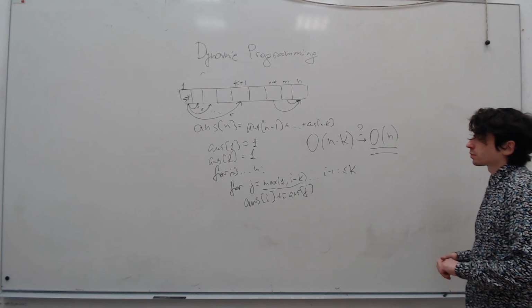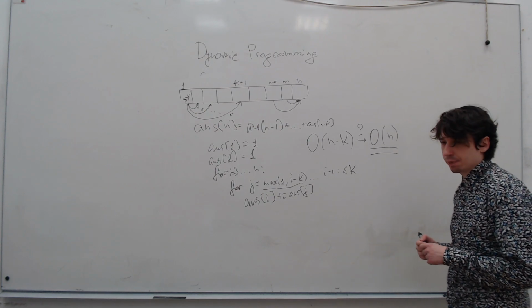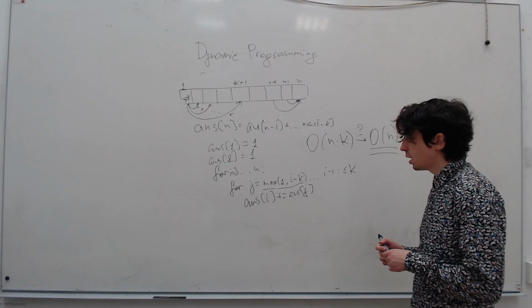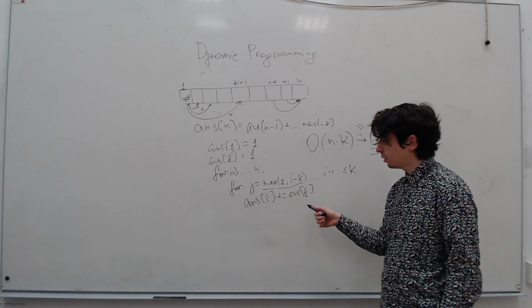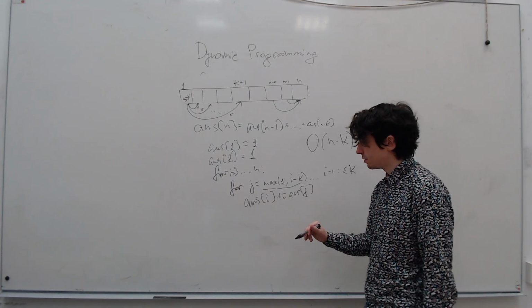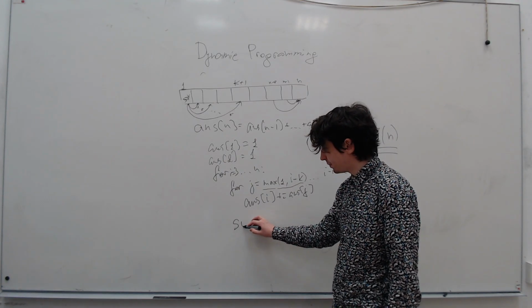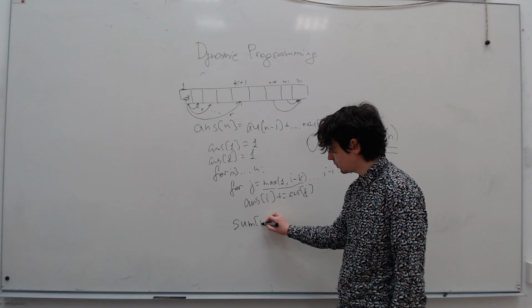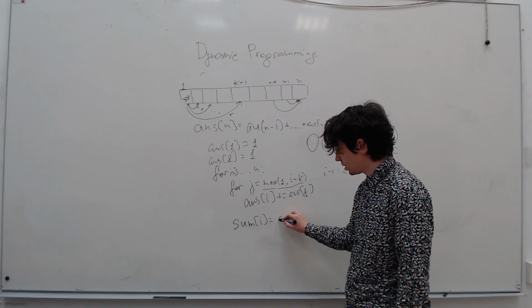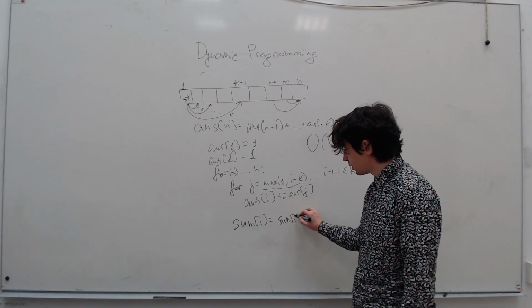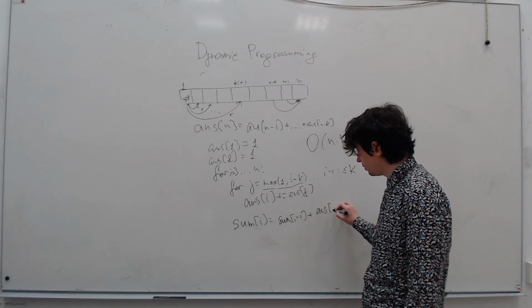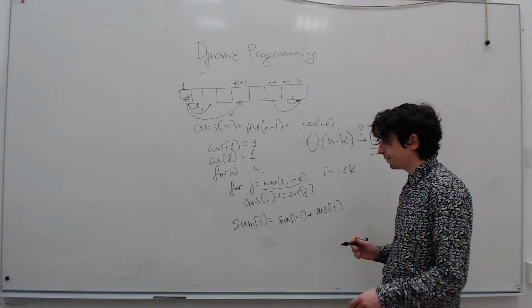Okay. So let me explain the approach that is typically used in this case. Let us calculate together the prefix sum. So sum i equals sum i minus 1 plus answer of i.